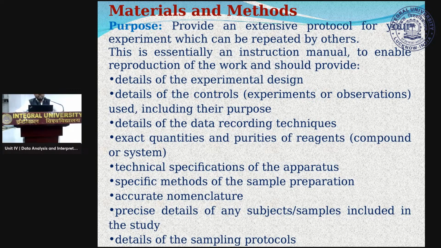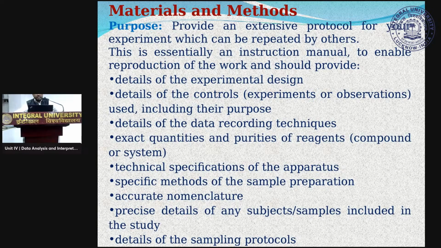So this is essentially an instruction manual to enable reproduction of work and should provide details of experiment design, details of controls, experiments or observations used, including their purpose. This is mostly about scientific research, but in social science research it is not as important. Details of the data recording techniques are important for both social science as well as scientific research.